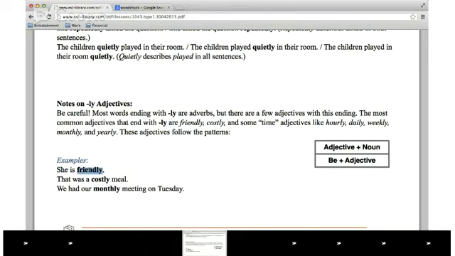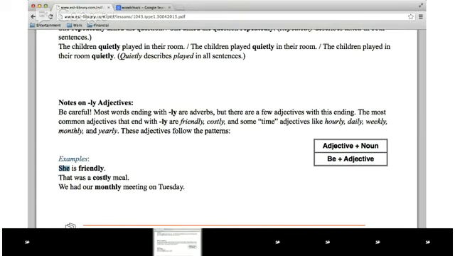That's why friendly here would be modifying the noun she. It is a little tricky, but those are some cues. Mainly look for if it ends with ly and it's followed by a noun, you're more than likely looking at an adjective. All right, very good.